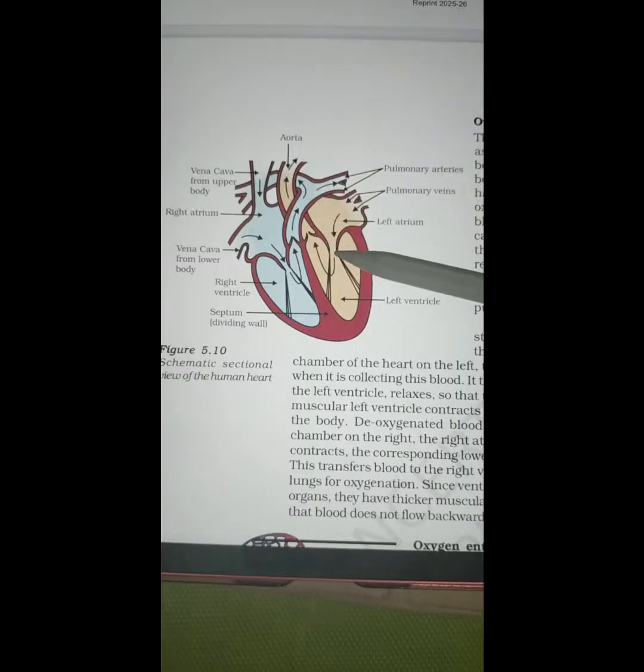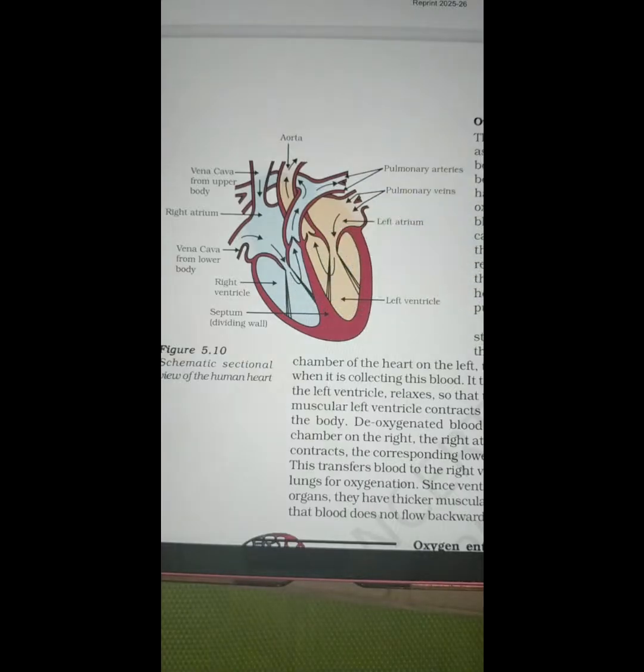Remember, oxygenated blood has been shown to you with the red color and deoxygenated blood with the blue color. This is just to demarcate, because arteries look red, veins look blue. Veins look blue because they are superficially located on the skin, means they are located quite upward.